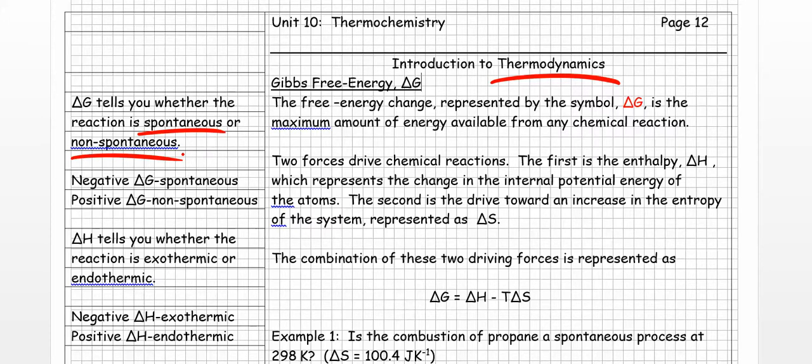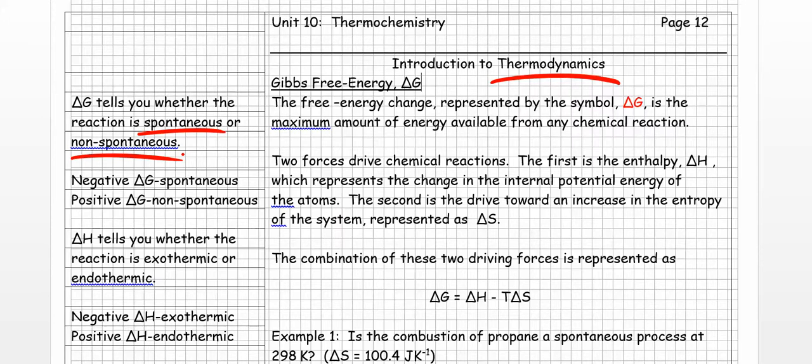So, two forces then drive chemical reactions. The first is enthalpy, or delta H. We've already talked about delta H extensively in our discussions of Hess's law. And again, delta H represents the change in the internal potential energy of the atom.